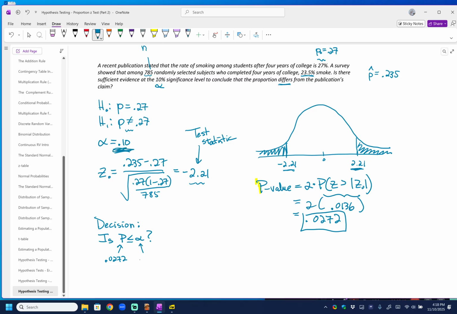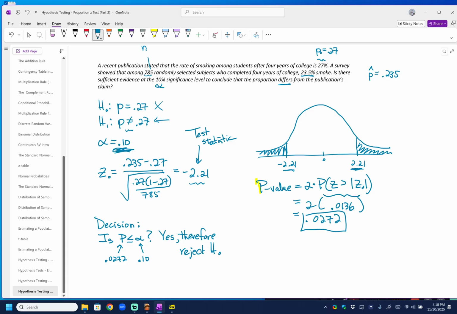Clearly, we look at that and see that it is less, so we would say yes, therefore, we would reject H naught. This would, of course, lead us to side with the alternative because we're rejecting that as fact. So basically, we think that the proportion differs from the publication's claim based on the sample.